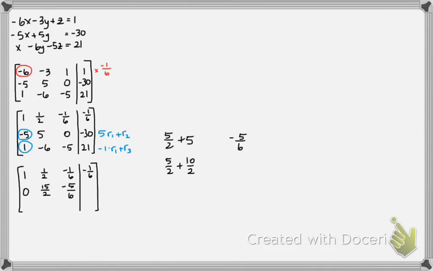On my last column, though, I need to add or subtract 30 for the second one, right? But how many sixths is 30? So that's negative 185/6. I have to squeeze this in. Sorry if you guys can't read that very well.